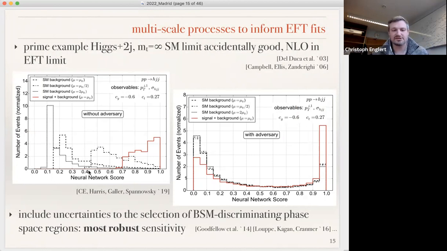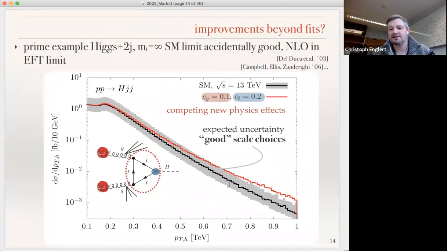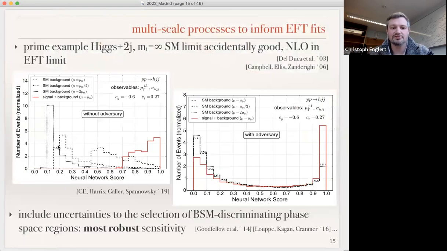And this is a particular network that we wrote just to show the impact of uncertainty. So when you start fluctuating your standard model distribution within that gray band, then of course the limit that you set, or the susceptibility of your ability to tell apart standard model from BSM, is really, really harmed. And you can see this by looking at the neural network score.